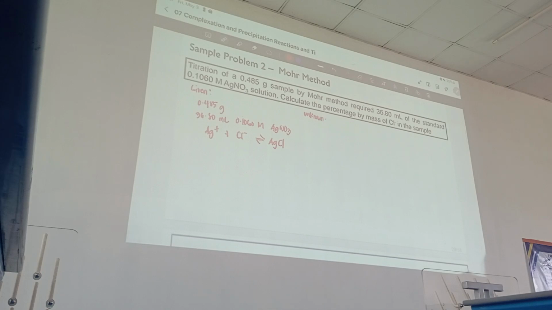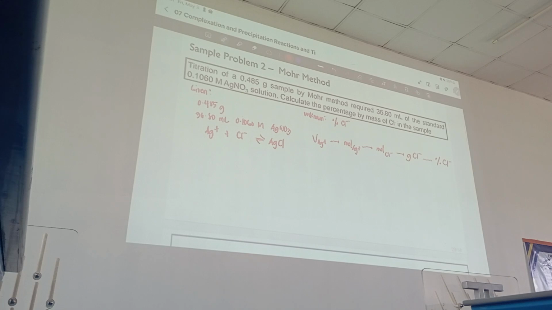This is percentage of Cl. Plan: start first with the volume of your Ag+, then the moles of Ag+, then the moles of Cl-, grams of Cl-, and percentage.